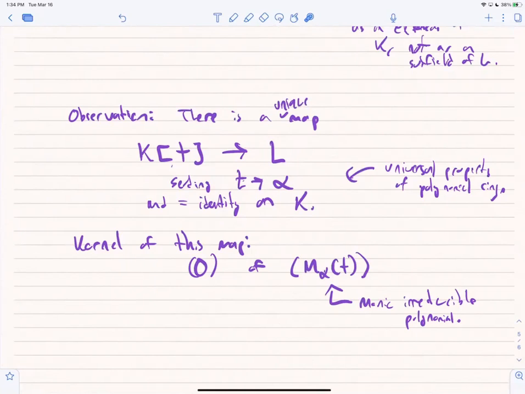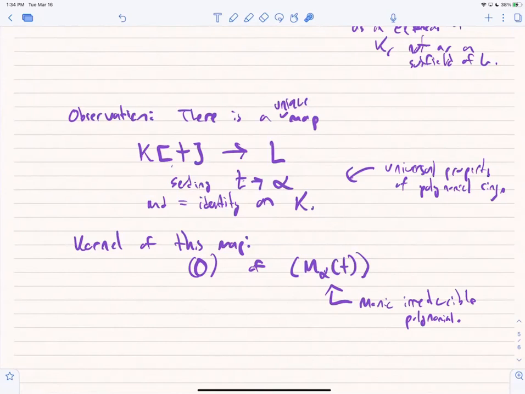We know the prime ideals are just the zero ideal and the ones generated by the irreducibles. The irreducibles in this case, just like for the integers, we knew they were just all the prime numbers. Here we know the irreducibles, up to multiplying by a unit, are given by the monic irreducible polynomials. In this multiplying by unit thing, it's just like in the integers, we didn't think about p and minus p.